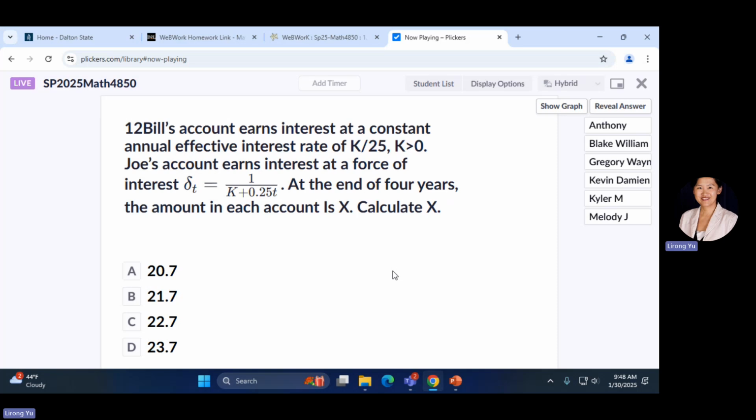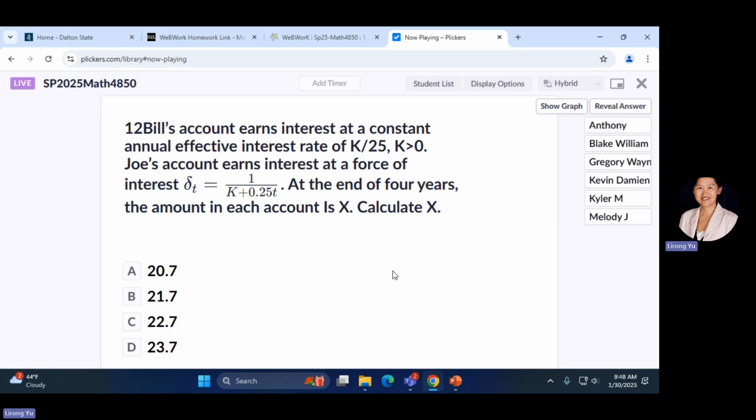To solve this question, we have to know the relation between the annual effective interest rate and the force of interest function. I have to admit, I didn't really work this out before I assigned it.